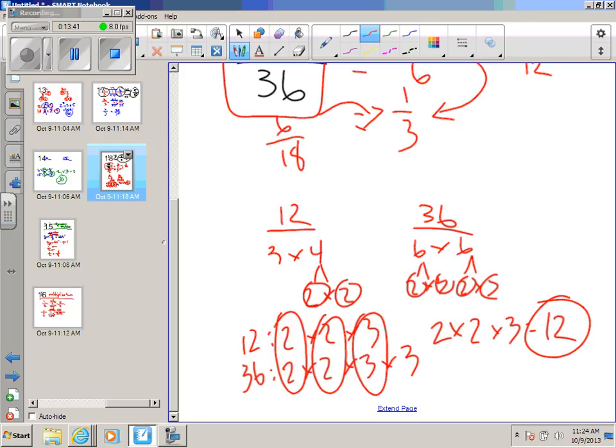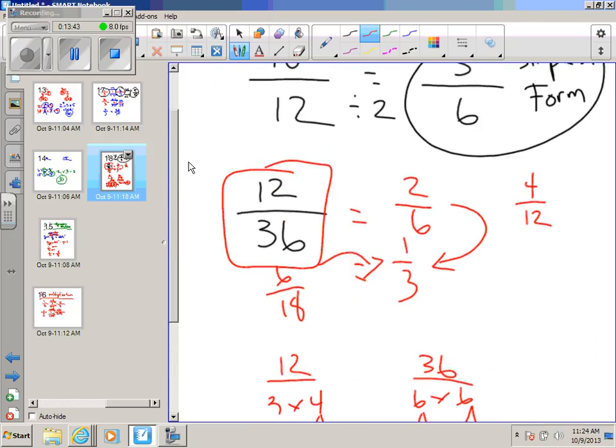Now, scroll up. 12 divided by 12 is 1. 36 divided by 12 is 3. You will get your fraction into simplest form if you divide both the numerator and denominator by their GCF.